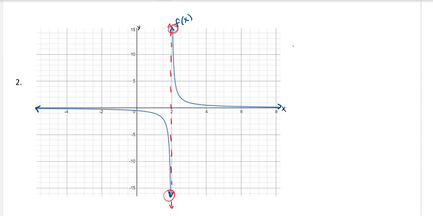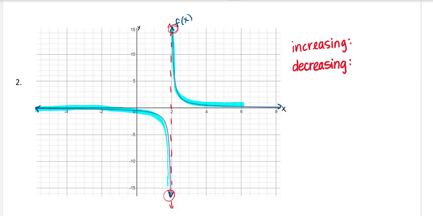So let's talk about where this function is increasing and decreasing. Well, if I look from left to right, what I notice from the beginning is that this function is actually decreasing. The only reason I stop is because I physically have to pick up my pencil, since there's that point of discontinuity at x equals 2. And if I go to the other side of 2, I can see that I'm still decreasing.